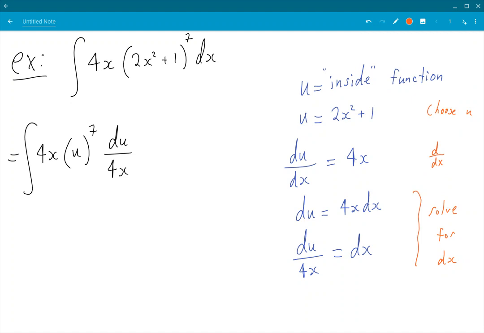Now, this worked out nicely. I have a nice cancellation there. So if I clean this up, I get u to the 7 du. And I hope you agree that my original integral is much simplified.